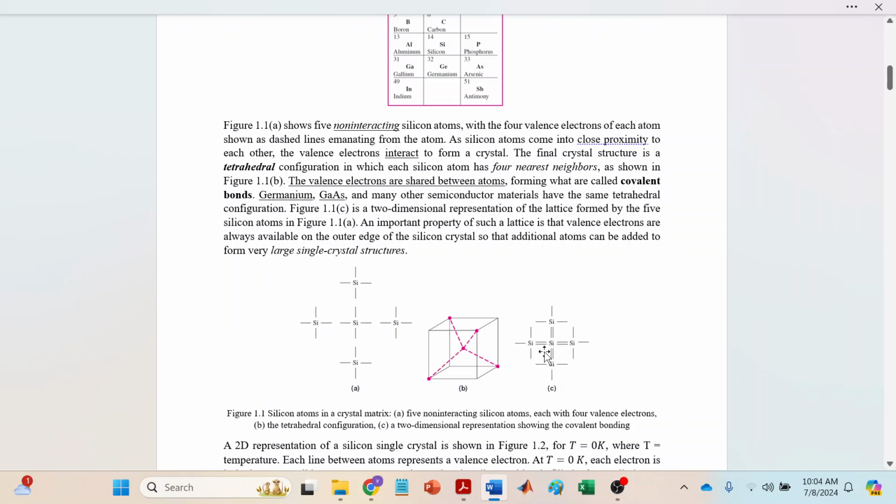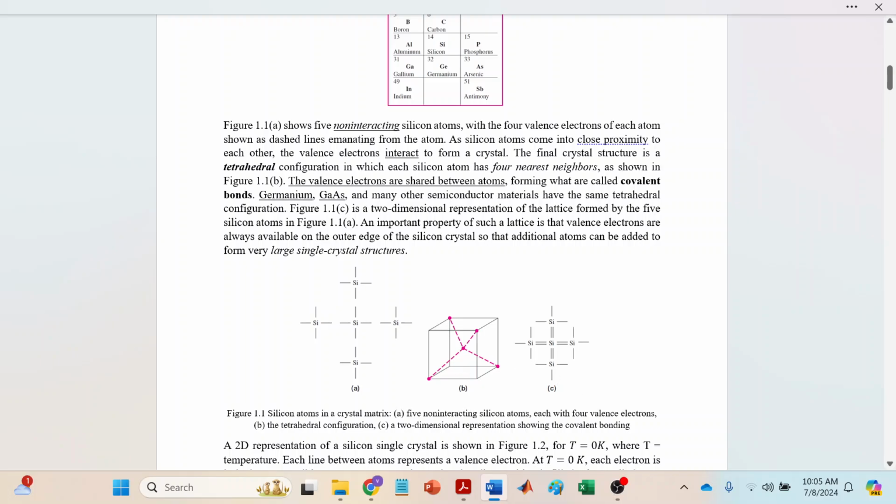So you have the silicon atom that has 4 silicon nearest neighbors. The valence electrons are shared between the atoms, which results in what we call covalent bonding. So a covalent bond results when valence electrons are shared between the atoms.